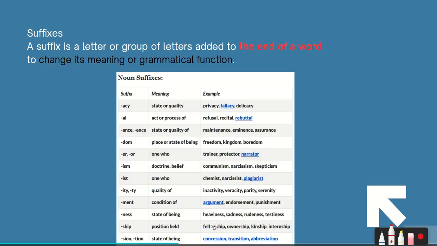In contrast, a suffix is a letter or group of letters added to the end of the word to change meaning or grammatical function.